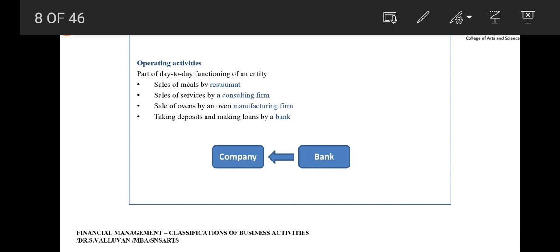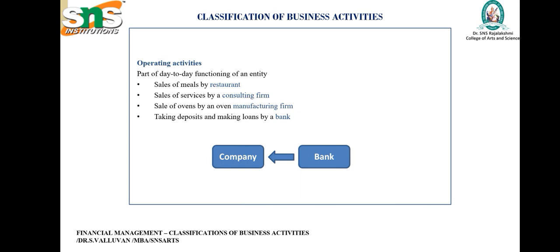This slide depicts that operating activities are a part of the day-to-day functioning of an entity. These are the real-time examples. For a restaurant, sale of meals is an operating activity. A consulting firm is a service-oriented company rendering service to its clients, so sale of services is an operating activity for a consulting firm.